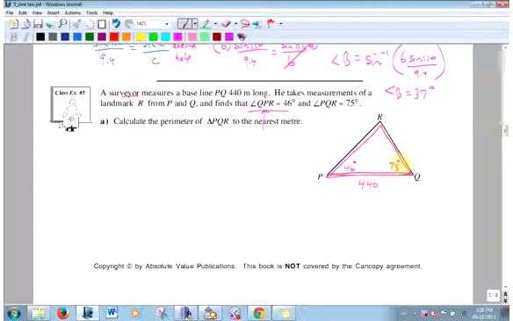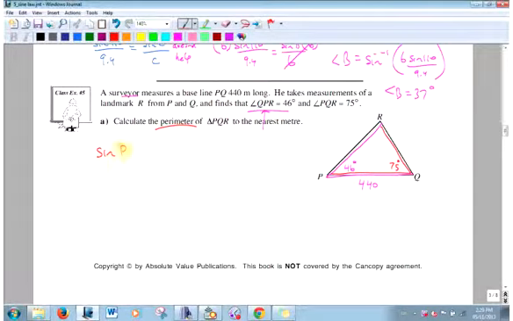Okay. What's the question? Calculate the perimeter of this. What do I need to know the perimeter? Yeah, got one. I need the other two. So I'm going to have to do sine law twice. Okay? So, let's not use A's, B's, and C's anymore. I don't have any in this triangle.